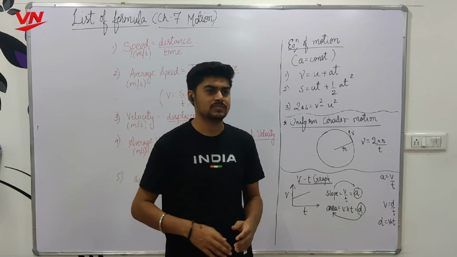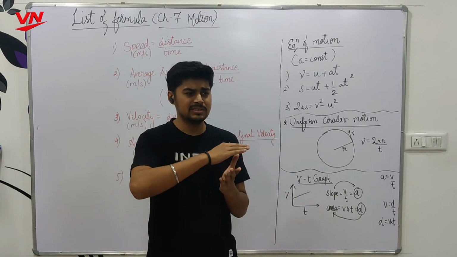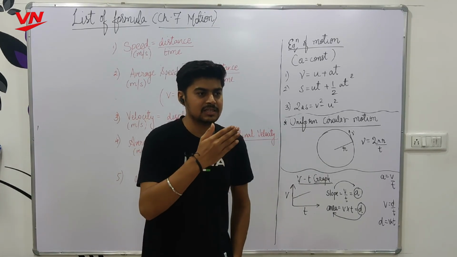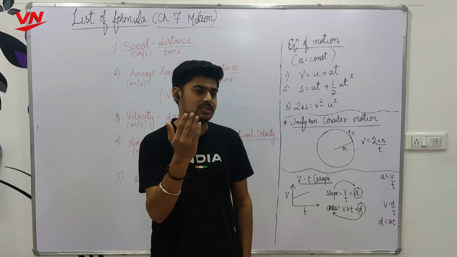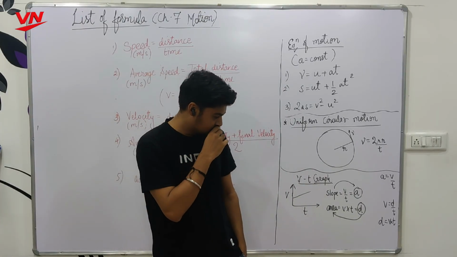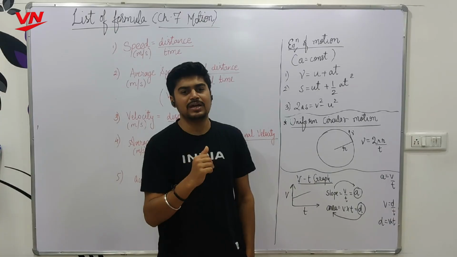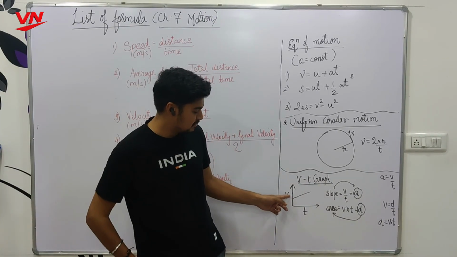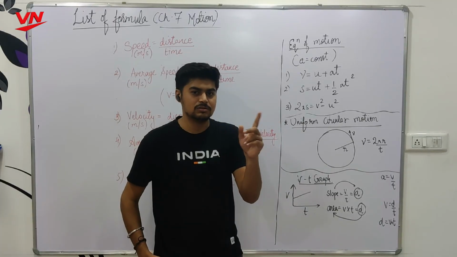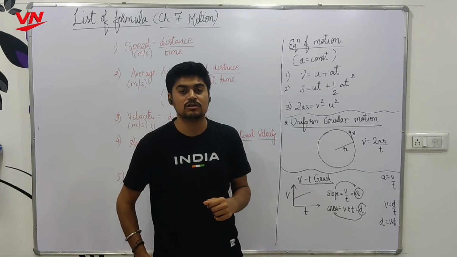Slope is the angle between the x-axis and the line. Basically, it is the ratio of change in the physical quantity on the y-axis to the change in the physical quantity on the x-axis. Here on the y-axis we have velocity, on the x-axis we have time. So change in velocity upon change in time will be your slope.